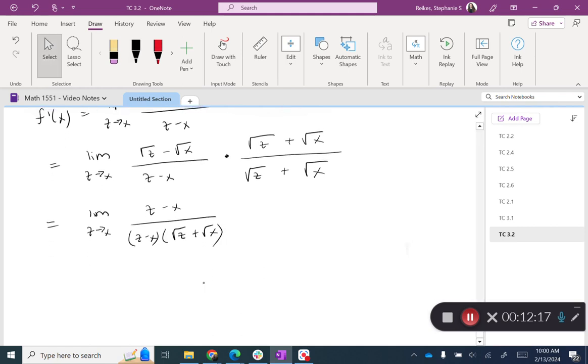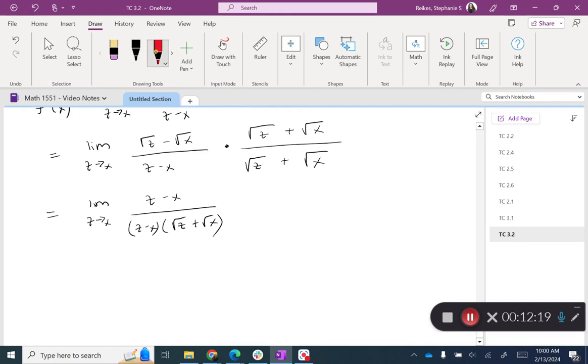And so I can see now that I have a z minus x in the numerator and a z minus x in the denominator. So we can cancel that out, and now I'm just left with the limit as z approaches x of 1 over root z plus root x.